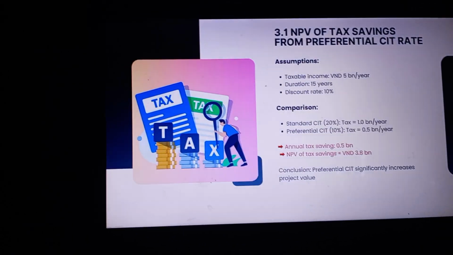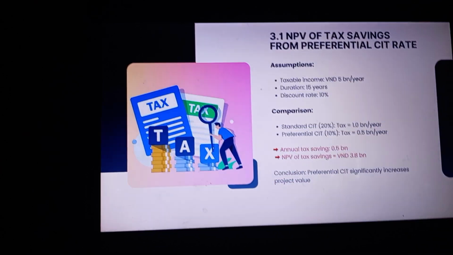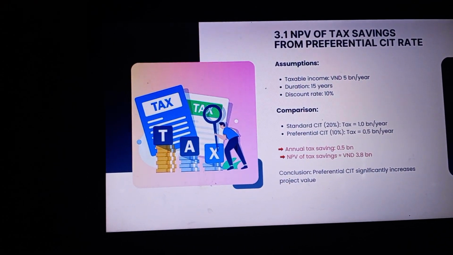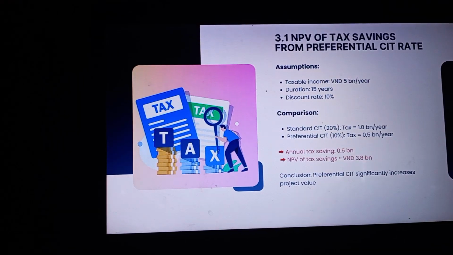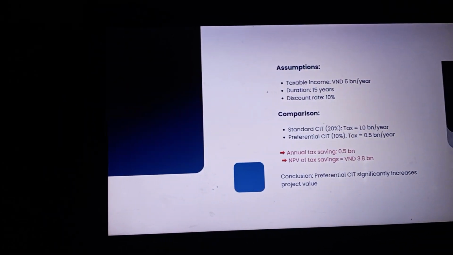So we can conclude that preferential CIT significantly increases project value.